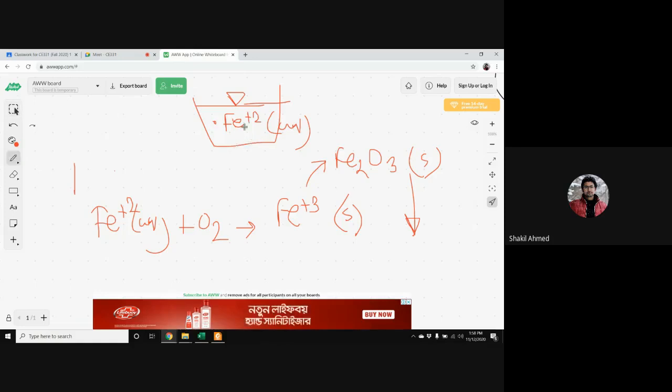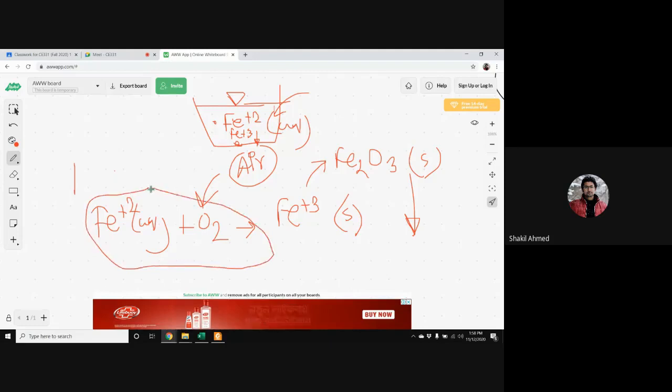This iron first will be transferred to ferric, and then this ferric will precipitate. That's how you can remove the iron from water. Now, how do you add oxygen? You can add air. Air has oxygen, right? If you add air into the water, that can remove iron.